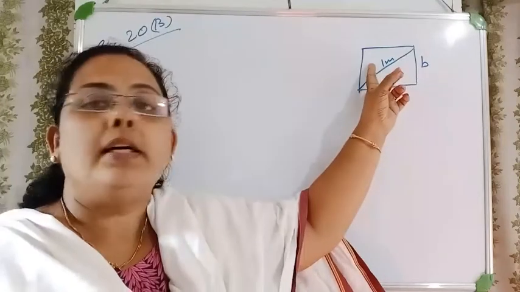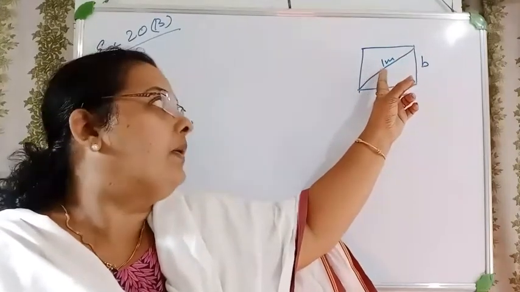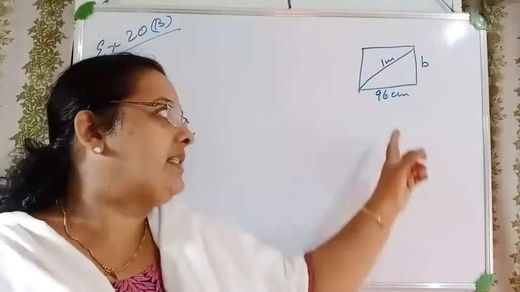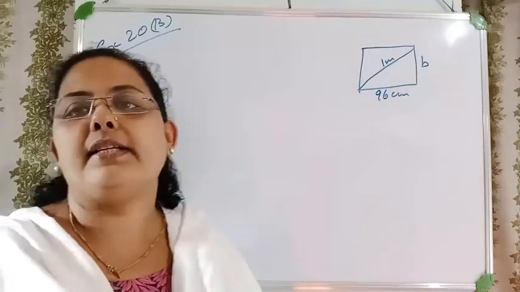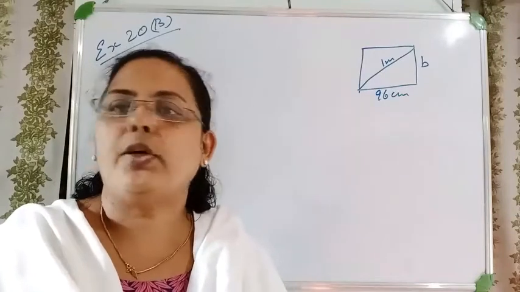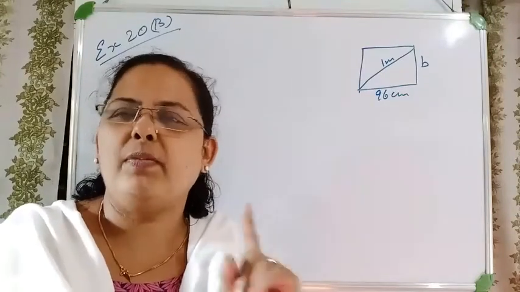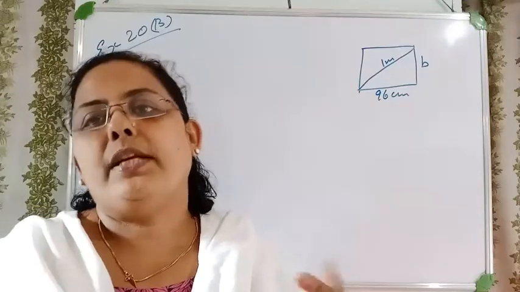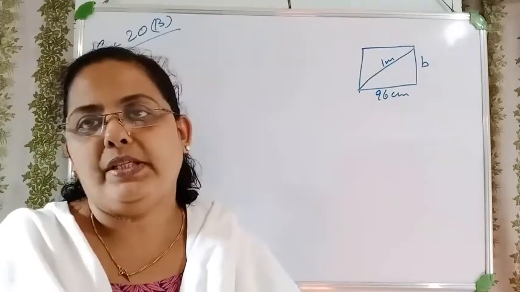Only the diagonal is given as 1 meter. Here the length is given in centimeters and the diagonal in meters, so you have to convert them into the same units. Either convert meters into centimeters or centimeters into meters.